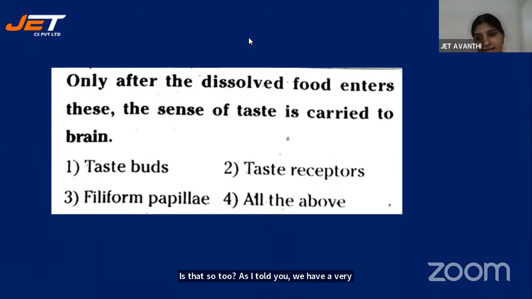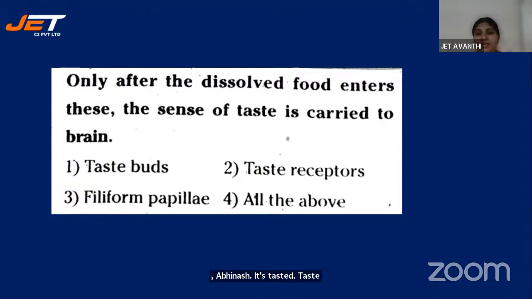All the 5 sense organs have specialized receptors for that particular sensory action. Vishwanath has given the correct answer again. Chetan, it's not 4. Avinash, it's taste buds.